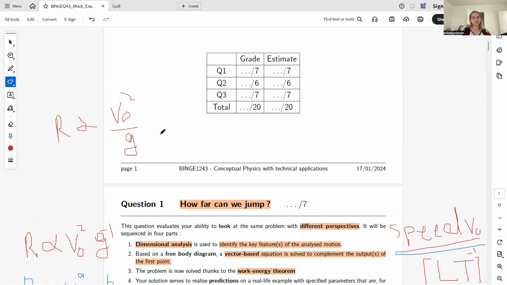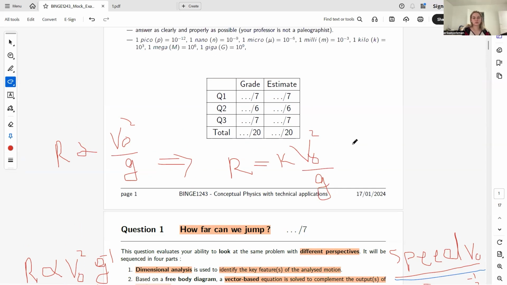And if we remove the proportionality sign, then our equation will become R is equal to K, the proportionality constant, times V naught square over G. And if you want to include the angle factor, which is not part of dimensional analysis, then our actual equation for the range will become V naught square by G sine of 2 theta.